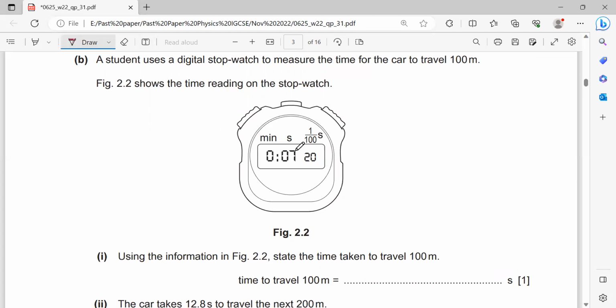Okay, 7 seconds and 0.2 seconds. So 7 seconds plus 0.2. Why 0.2? Because 20 over 100 equals 0.2. So the result equals 7.2. Okay.